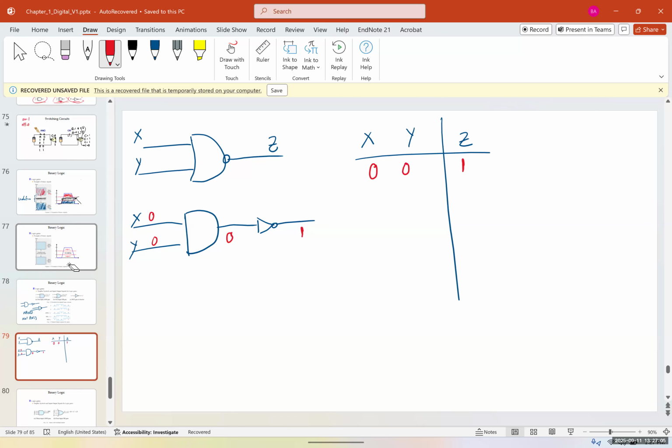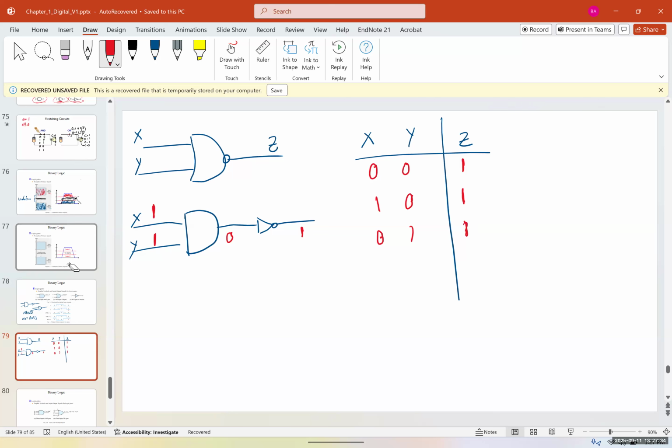Again, 1, 0, AND still gives us 0, and the output is 1. What if X is 0 and Y is 1? Still gives us 0 and the output would still be 1. Am I correct?